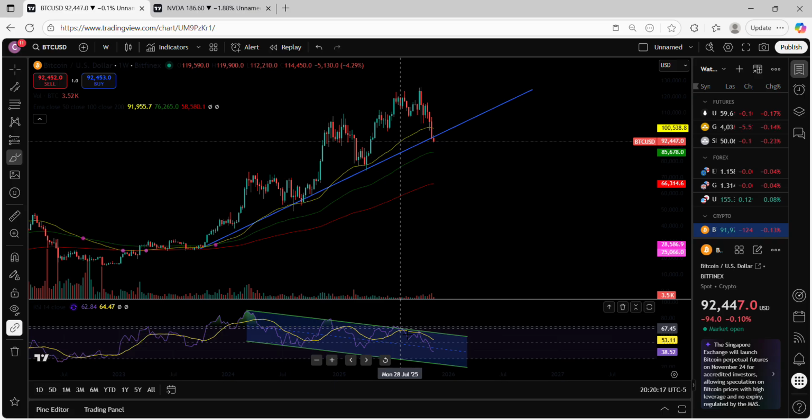Typically, you do have stretches where that occurs, but usually it's not so long. Usually, you look for that reversal with bearish divergence to occur a little bit quicker. But for some reason in Bitcoin, it hasn't occurred in a very quick fashion.